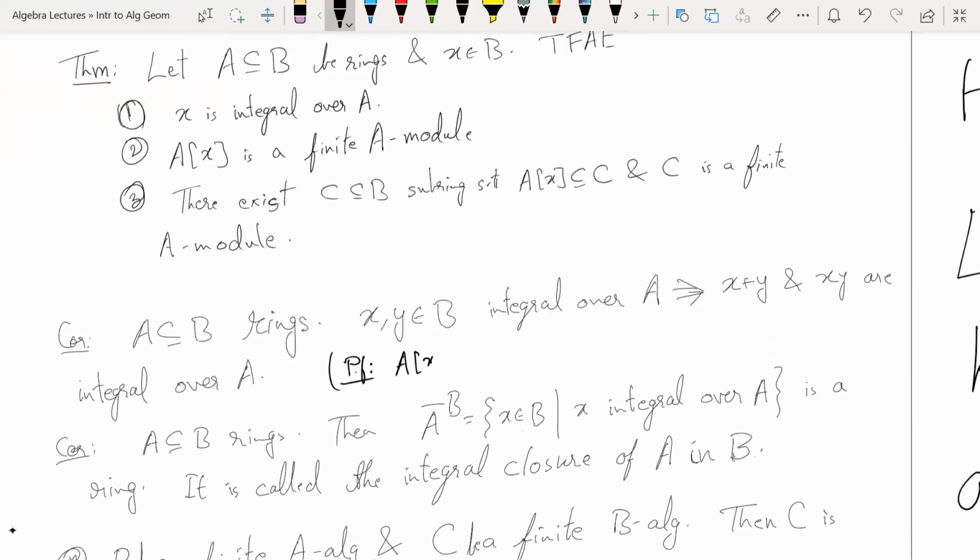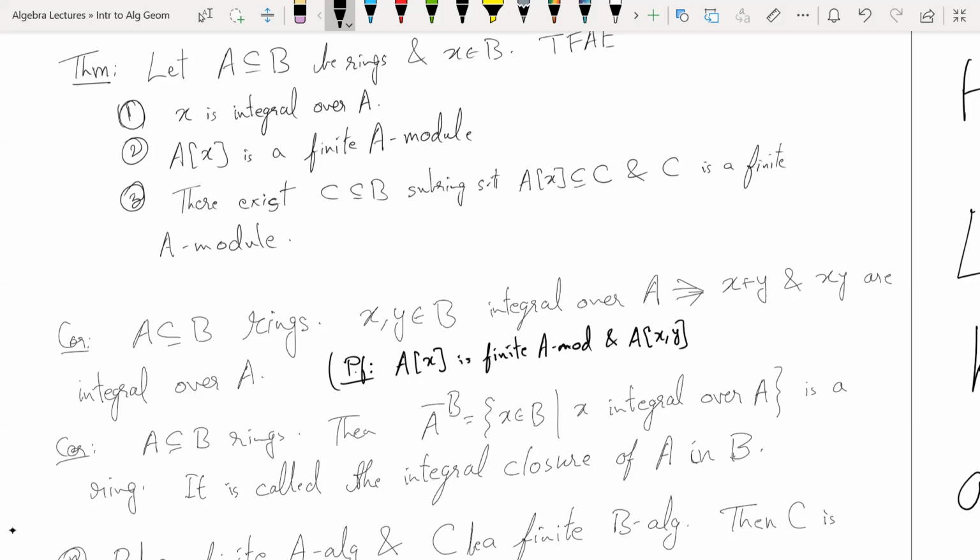A[x] is a finite A-module, because x is integral over A, and similarly for A[x,y]. y is integral over A, so in particular it's integral over A[x].